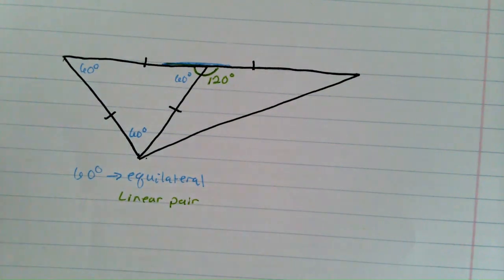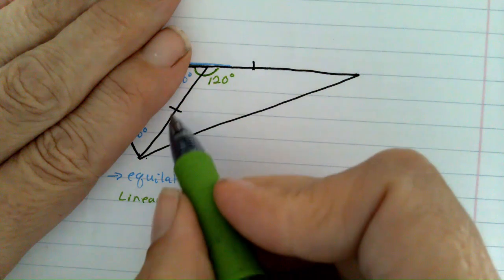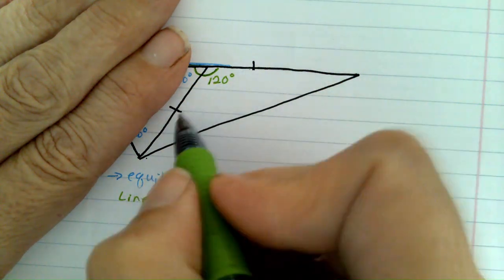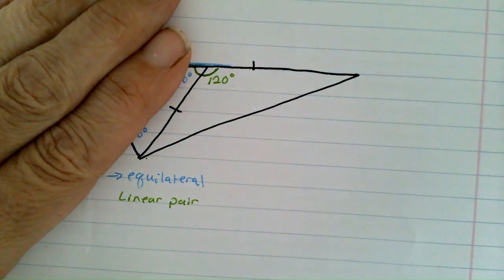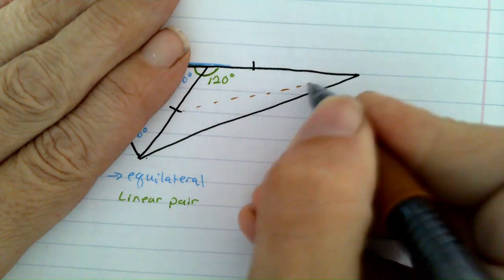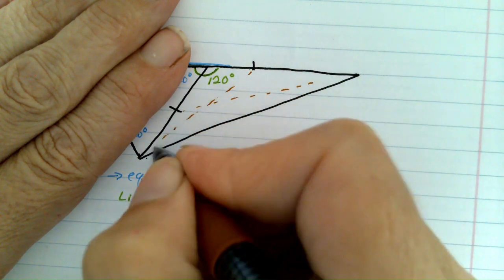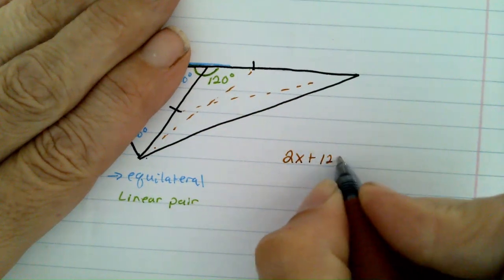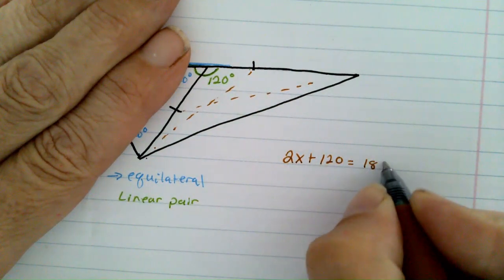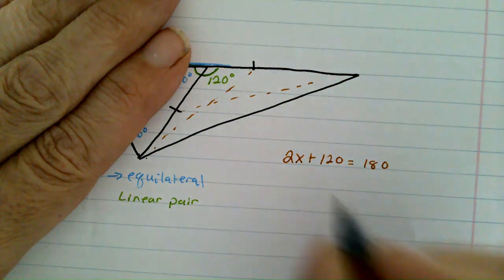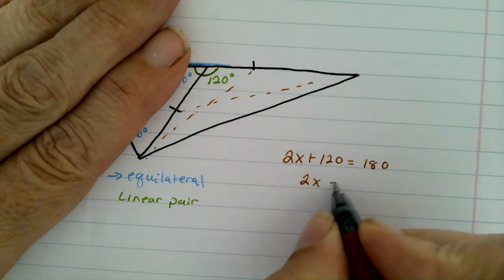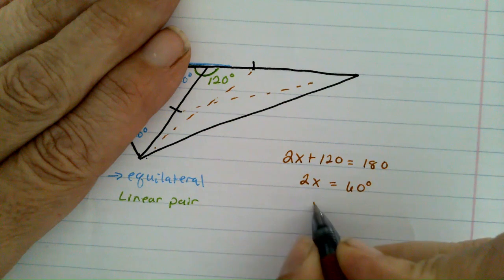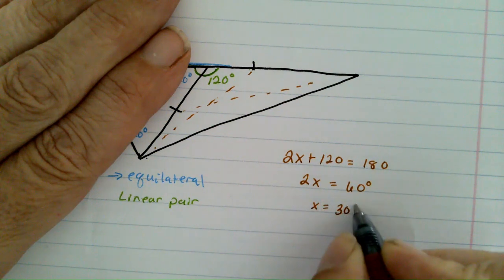Okay, now onto this triangle. We have two sides the same, which means that angle and that angle must be the same size. So 2x plus 120 has to add up to 180 because we have to have both of those angles. So those two angles have to share 60 degrees, making them each 30 degrees.